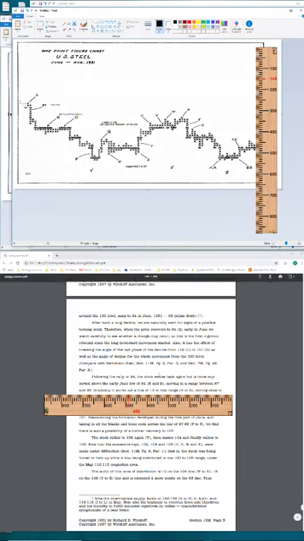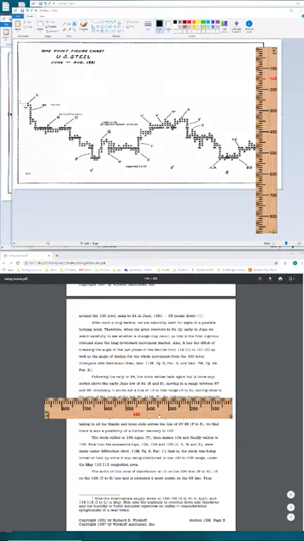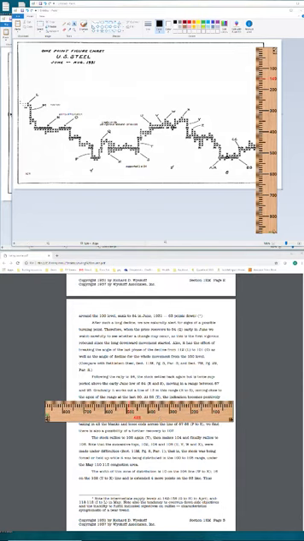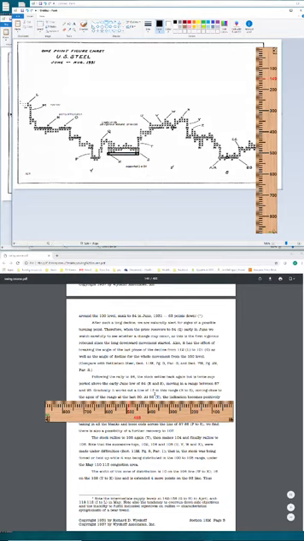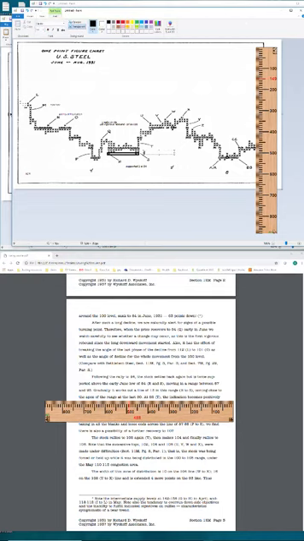RNS supported 2 times at 84. This is interesting. Basically, you have a rally that's a change of behavior.